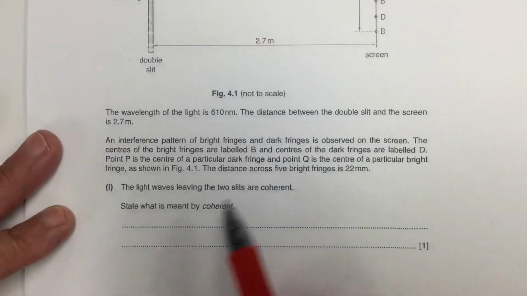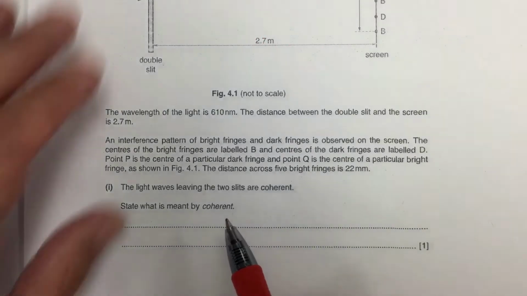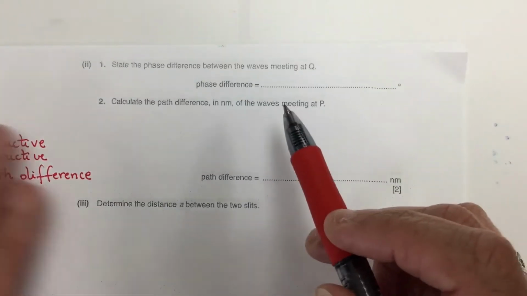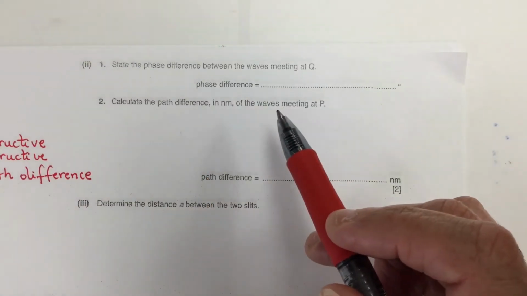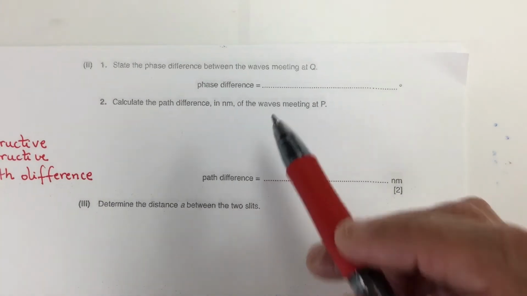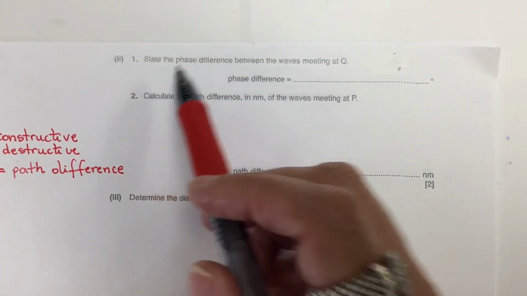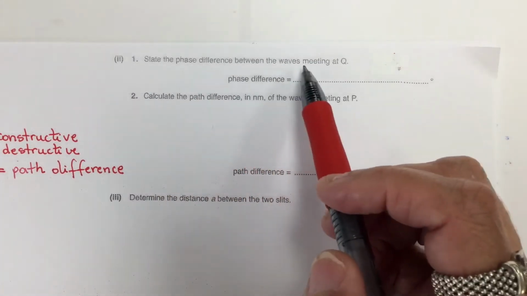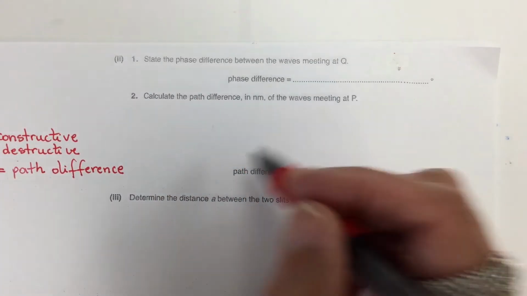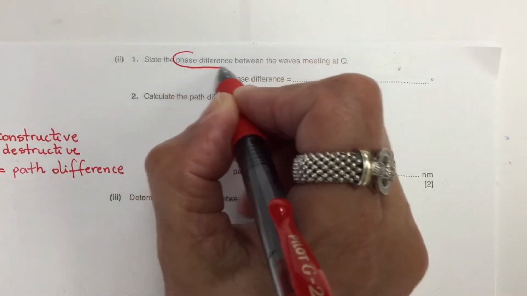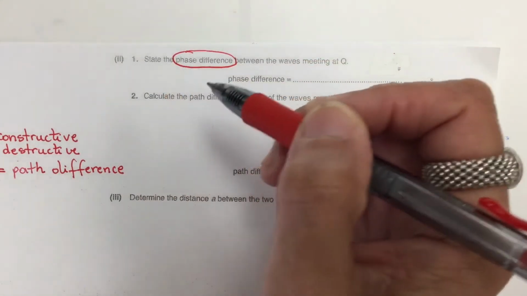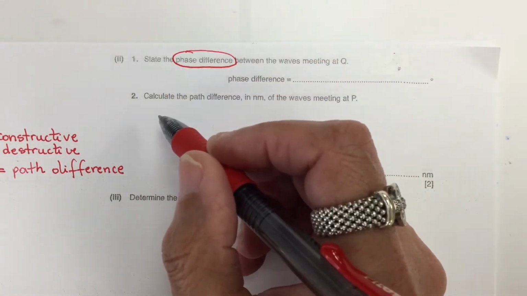So before answering this question, I'm going to move forward to solve this one here, and then you go back to the prior question. So this question asks to state the phase difference between the waves meeting at Q. So it's asking here the phase difference, and we have talked about the path difference.